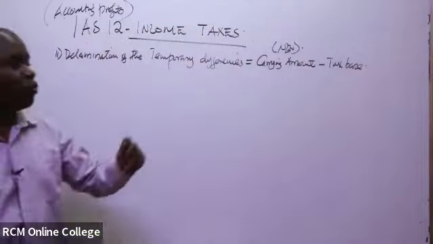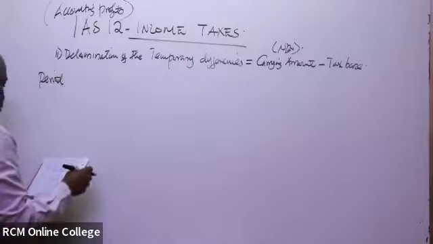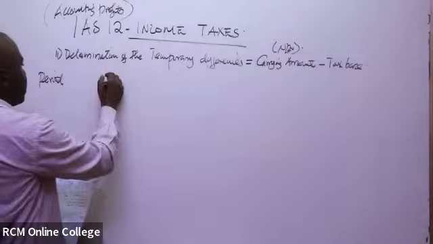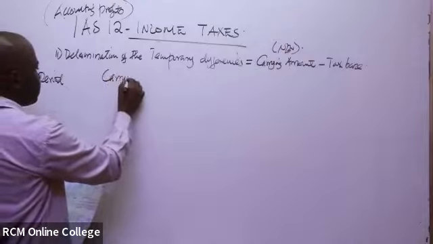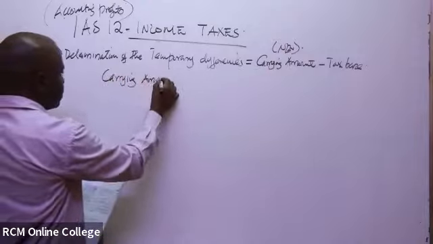So we can have our table here, hope you people are able to see it. We have the period, then the carrying amount, then the tax base, then the difference which gives us the temporary difference.